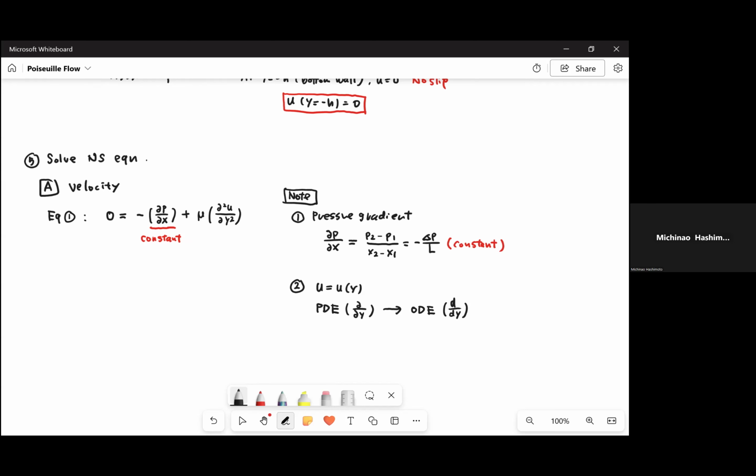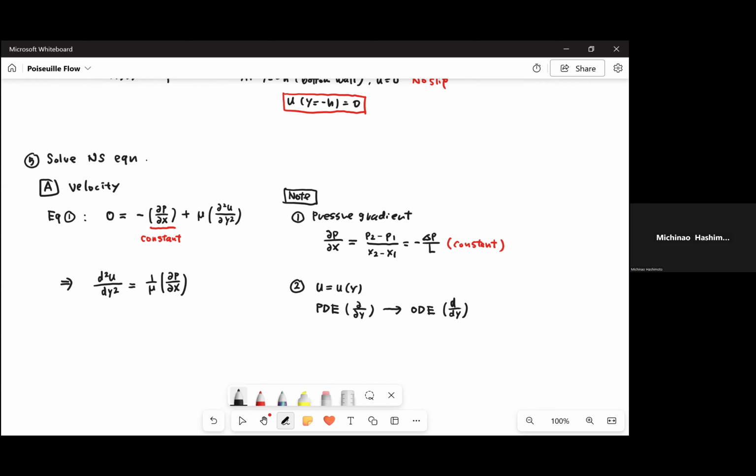Putting this together, this equation is d square u over dy square, and please note this is an ODE, equals 1 over mu times dp dx.